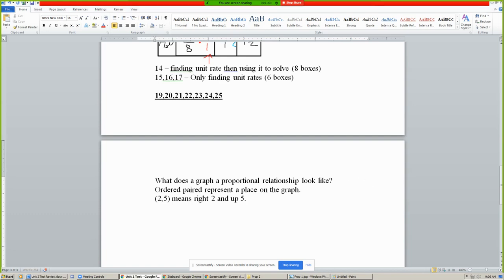Okay. So your first problem, number 19, talks about which of these graphs is proportional and goes through a certain point. Number 20 gives you a graph of tennis balls and the number of balls in a tennis can, and it asks you what the point represents. And you're going to have multiple selections.